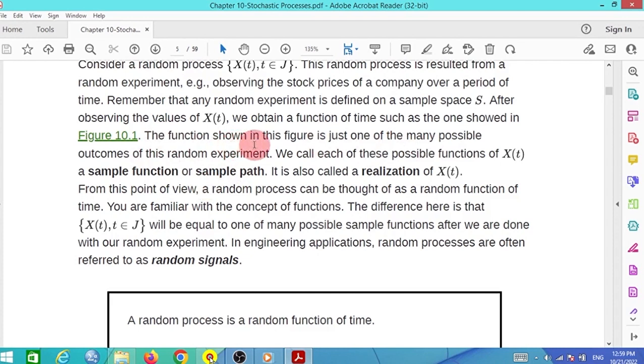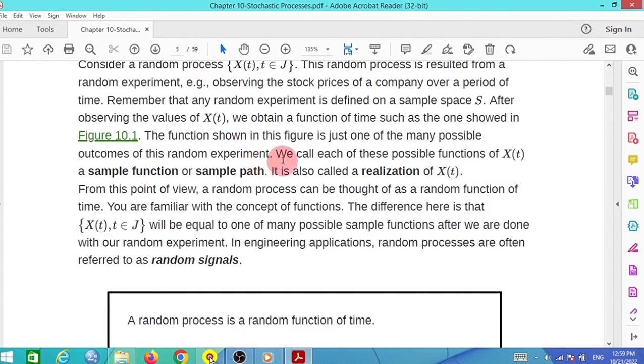the function shown in this figure is just one of the many possible outcomes of this random experiment. So you may take another value for this day, but in another year.